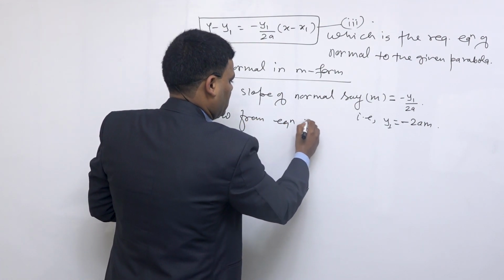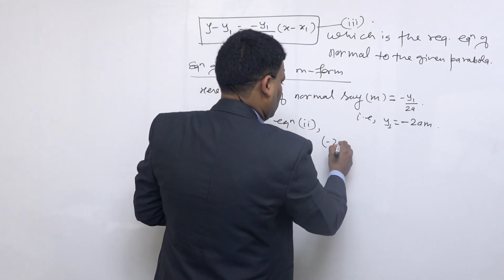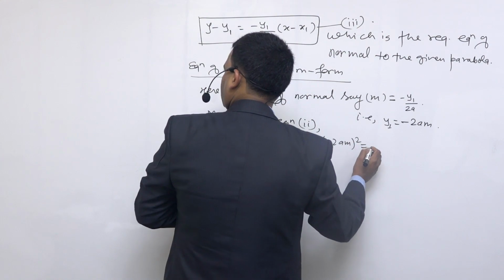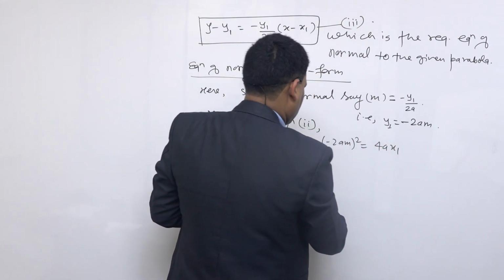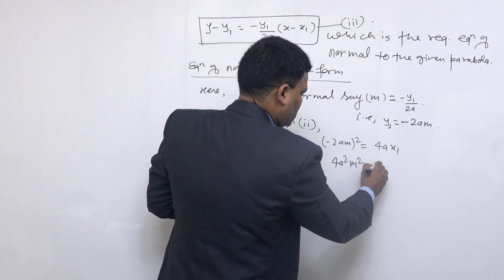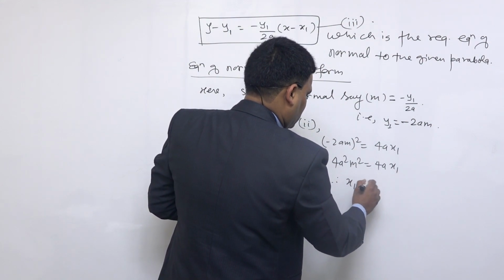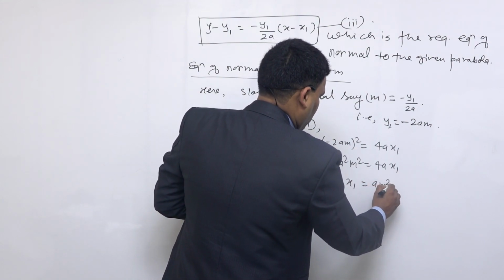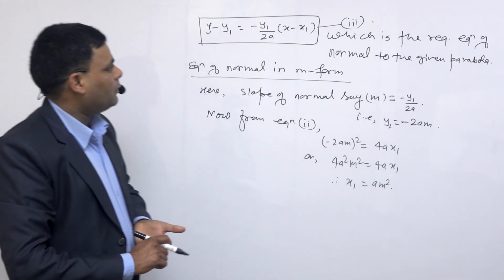Now from equation 2, minus 2am whole square equals to 4ax1, or 4a square m square equals to 4ax1. Therefore x1 equals to am square. In this way we found the values of x1 and y1.